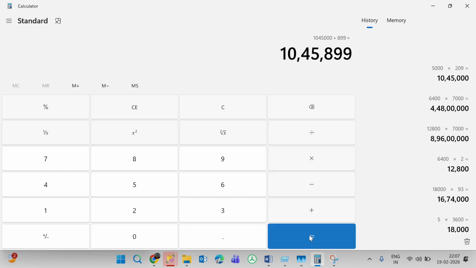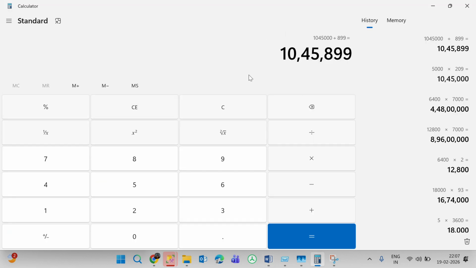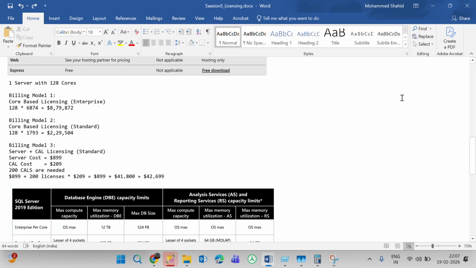This much we have to pay. If you check here, the difference between both is nearly 2 lakh.